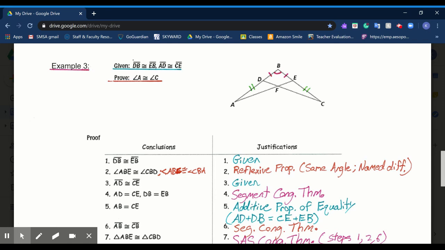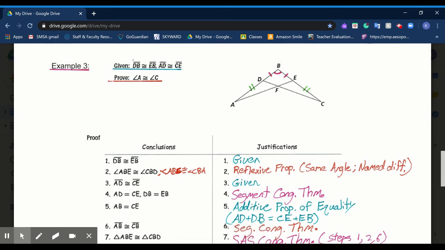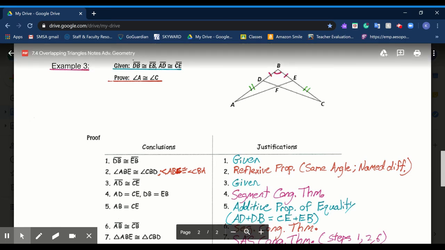Because it's the same angle, it's just named differently. Any segment or any angle is always congruent to itself, the reflexive property. They just use different letters to name the same angle because of the way that they're later going to break it looking at the triangles. But either way, it's referring to this angle B right up here at the top being congruent to itself.